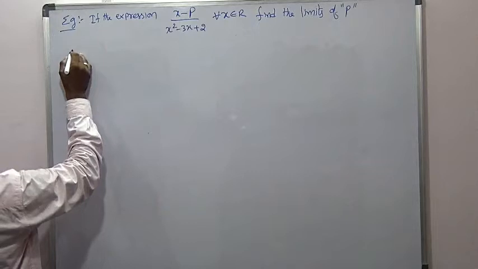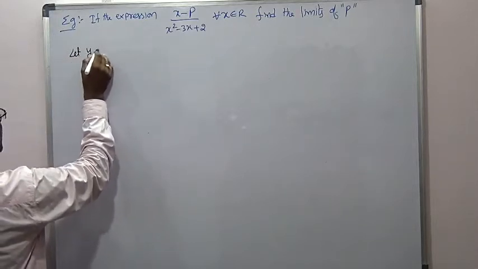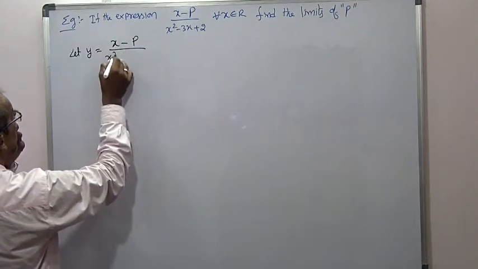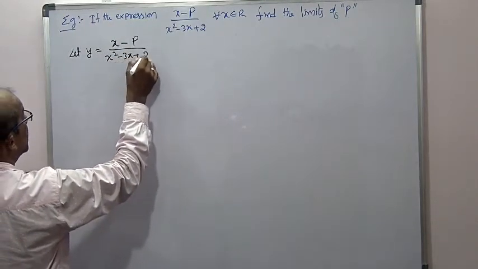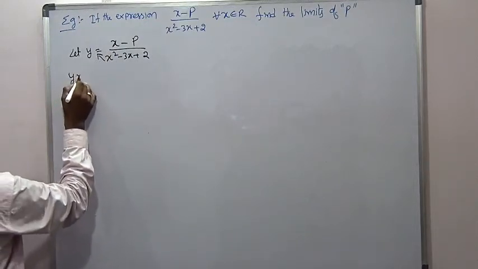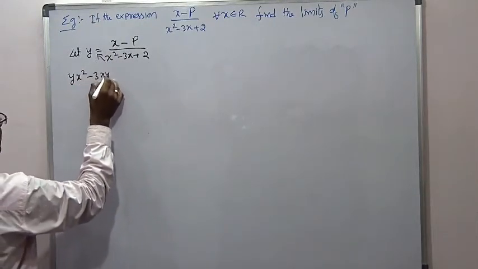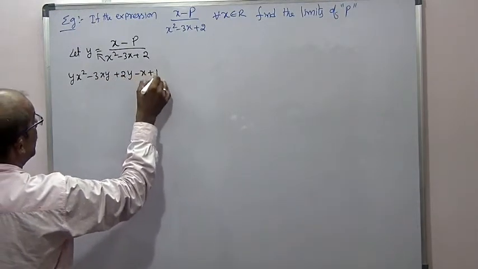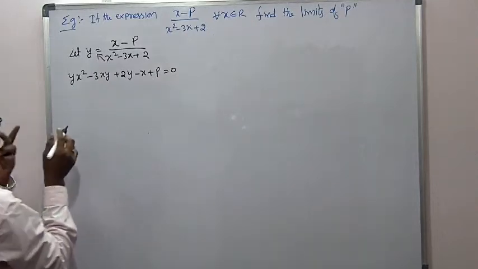It does not change. Let y = (x − p)/(x² − 3x + 2). Cross multiply: yx² − 3xy + 2y − x + p = 0.